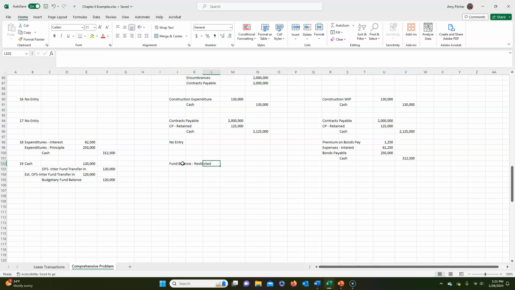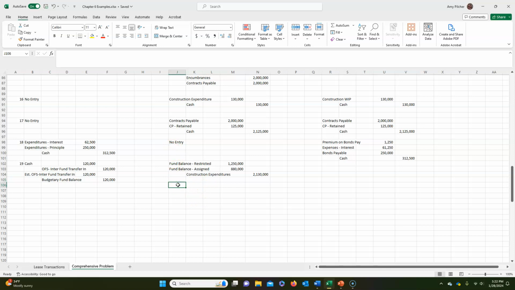We're going to record to the remaining of that fund balance restricted amount. We're going to reverse that. We're going to add to fund balance assigned $880,000. And then we have our construction expenditures, which were a total of $2,130,000.